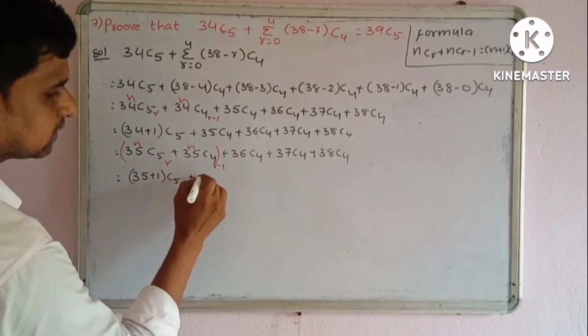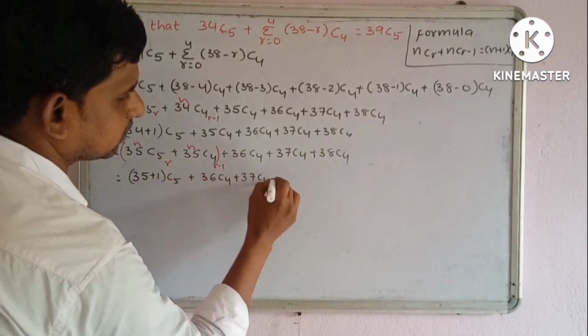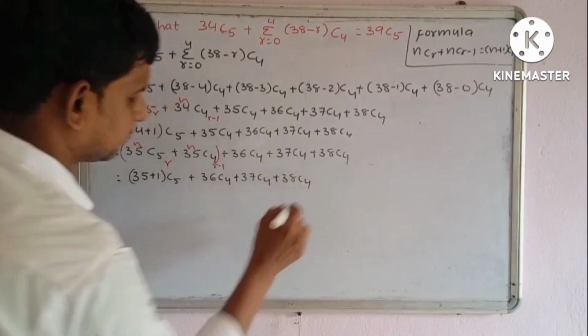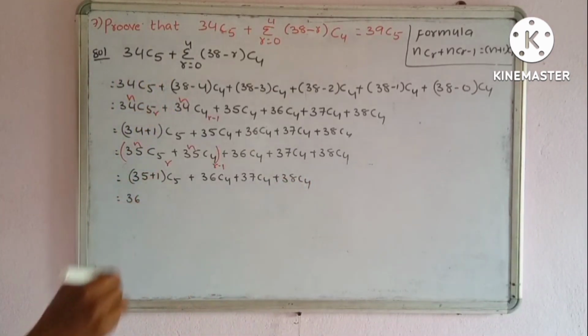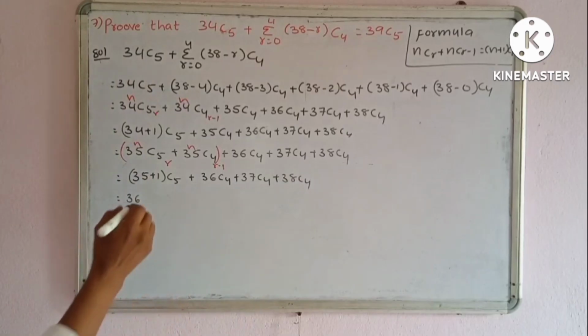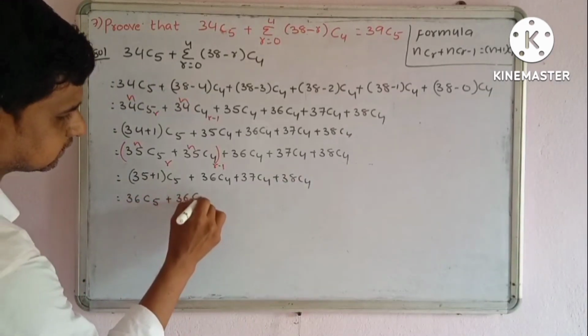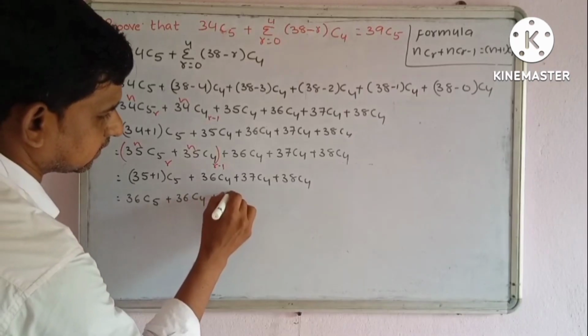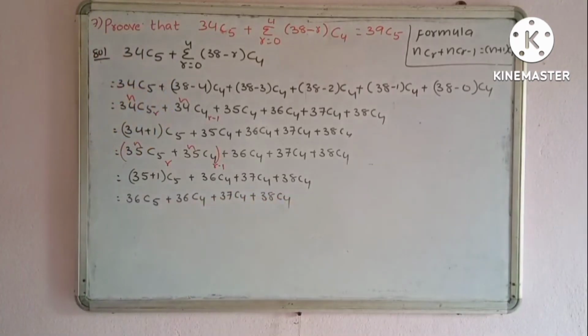Next plus 36C4, 37C4, 38C4. Next, 35 plus 1 is 36, so 36C5 plus 36C4 plus 37C4 plus 38C4.